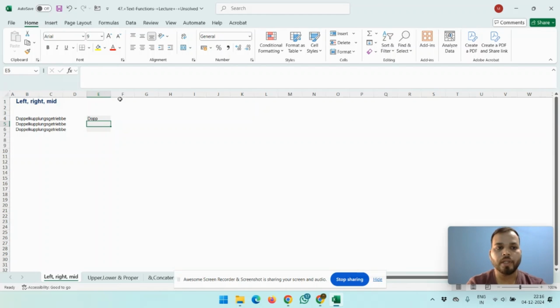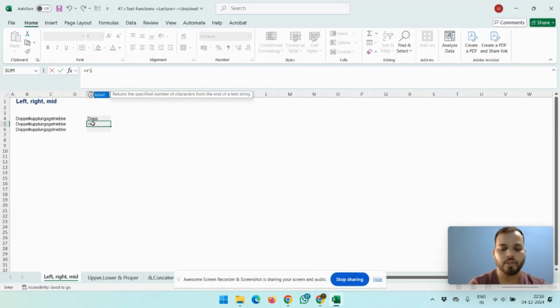Now the second formula is right. In that case, we find the answer from the right side, or the end of the word. We need to find the right five characters or maybe 10 characters, depending on your work and what you want. Here I will calculate right.